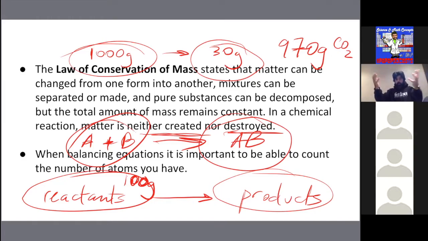That's all in the room, but we can't collect it and put it onto a scale and actually weigh it out. So what was weighable at the end of this reaction was just the 30 grams of some kind of solid or liquid. The remaining 970 grams must have gone somewhere, and that most likely was in the form of a gas that we don't really see, right?